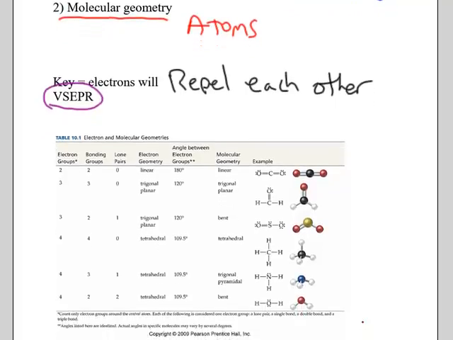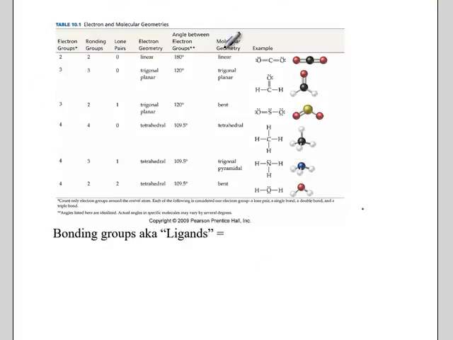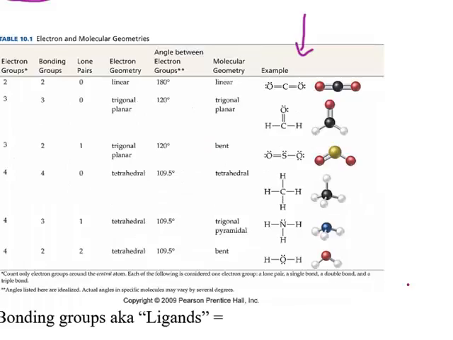And there's a table in the textbook that is also on your formula sheet, with the exception of the example columns are not on your formula sheet. So here we can see the table a little more clearly.